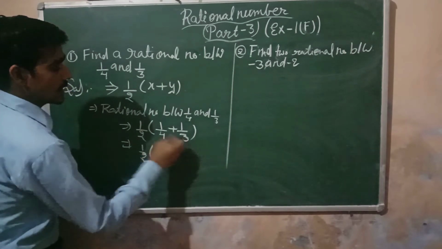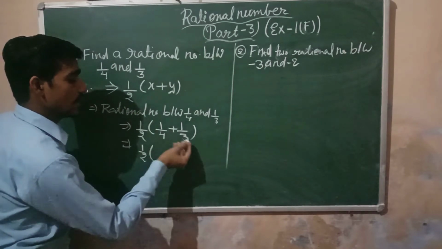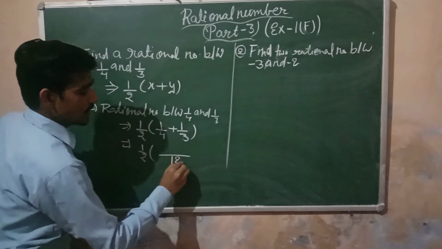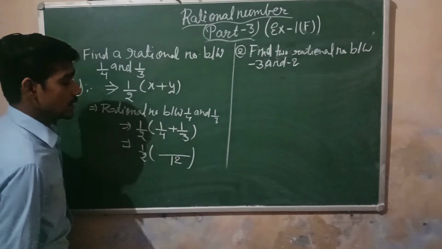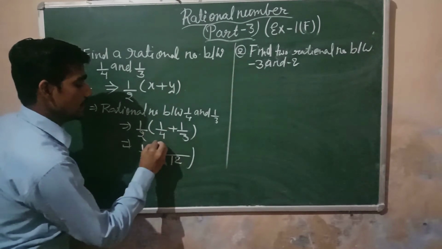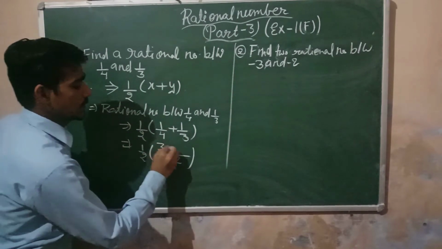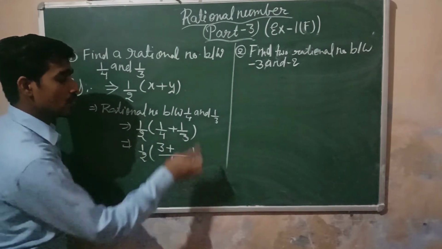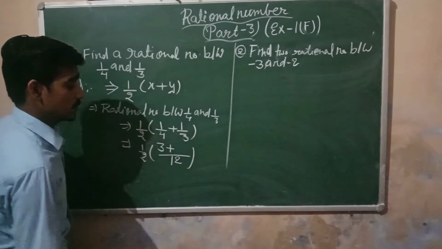1/2, and take the LCM of 4 and 3, which is 12. 12 divided by 4 we get 3, 3 multiplied by 1 we get 3, and 12 divided by 3 we get 4, and 4 multiplied by 1 we get 4.